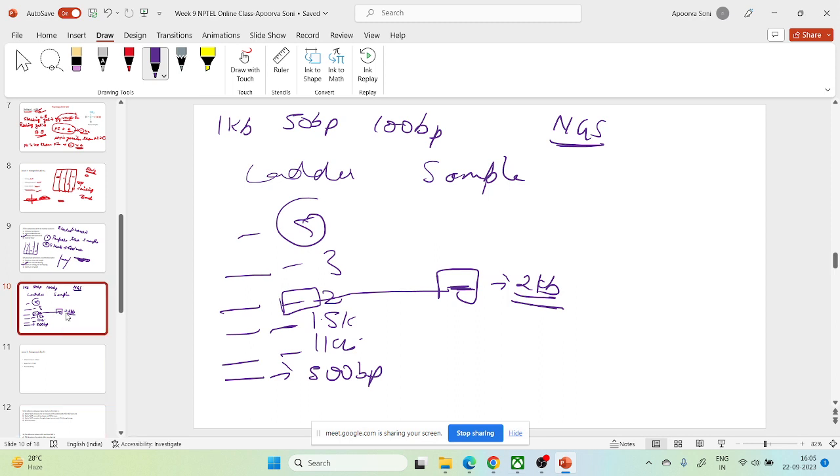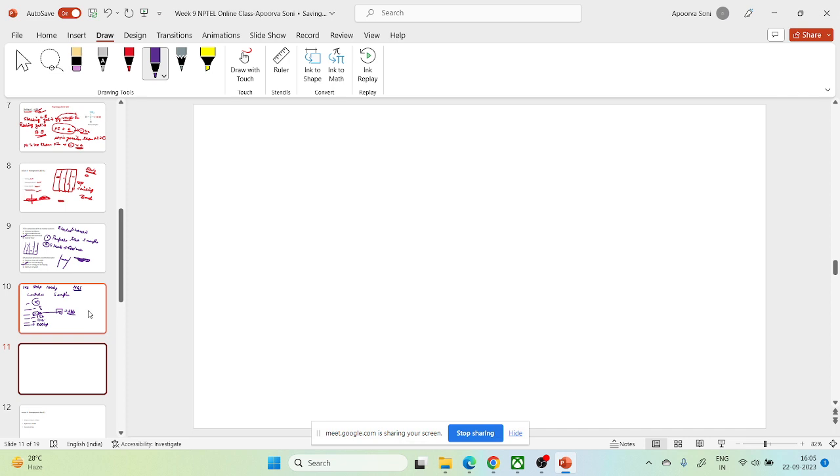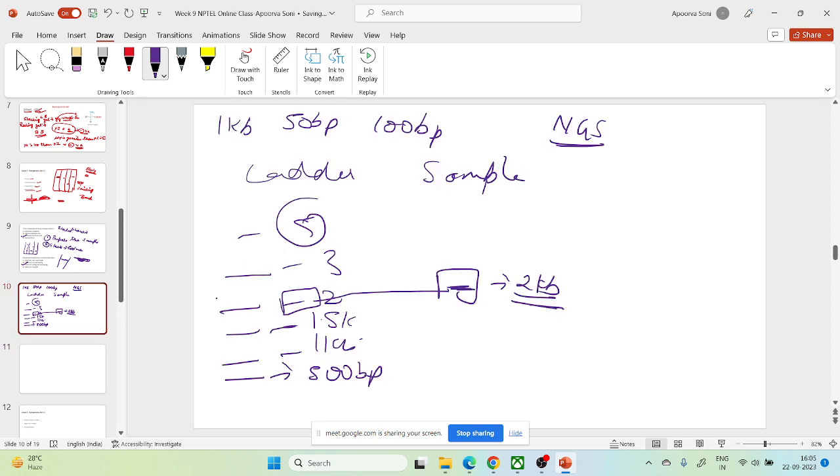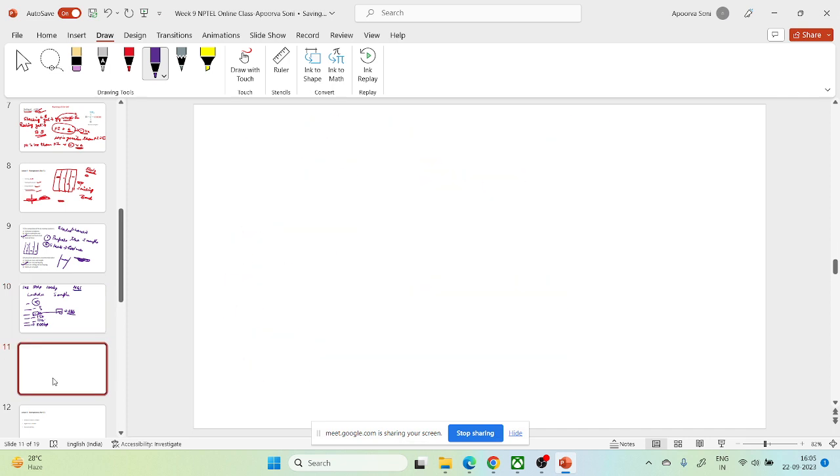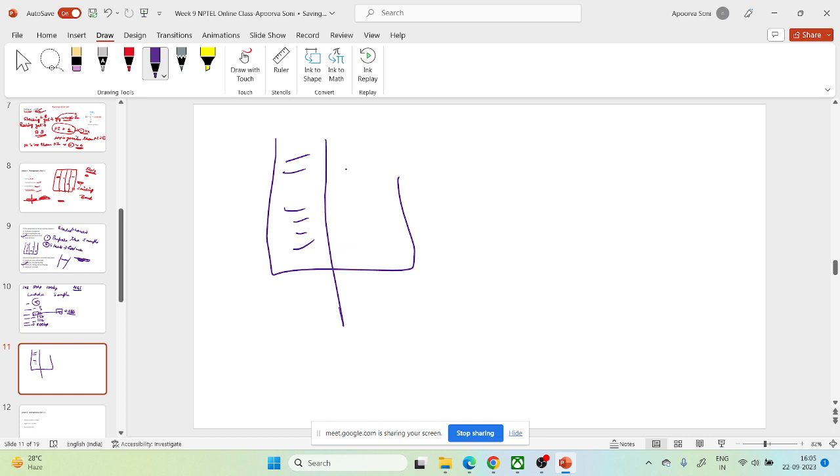Even in one lane there are so many bands. Some are very light bands and some are very dark bands.